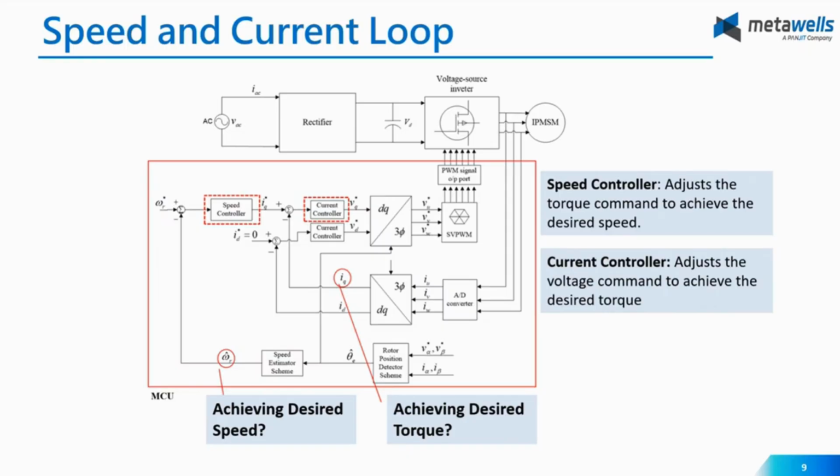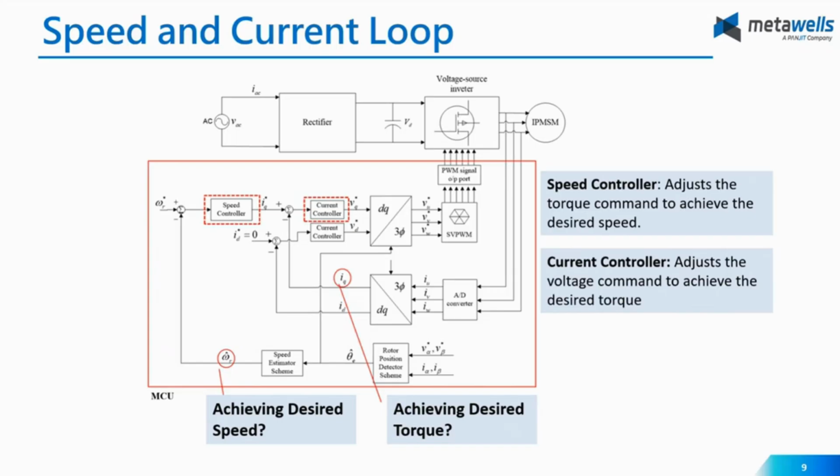Okay, and because we have to do closed loop, we have IQ feedback here. IQ feedback means actual torque. The IQ feedback is the measured Q axis current reflecting the motor's actual torque, since torque is proportional to IQ.